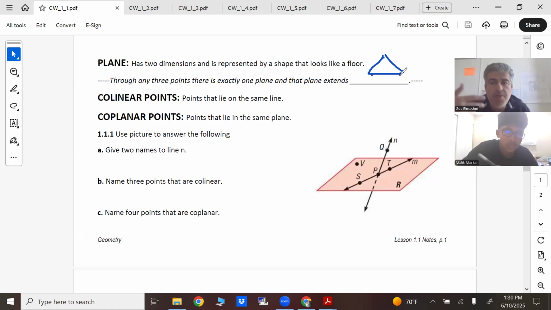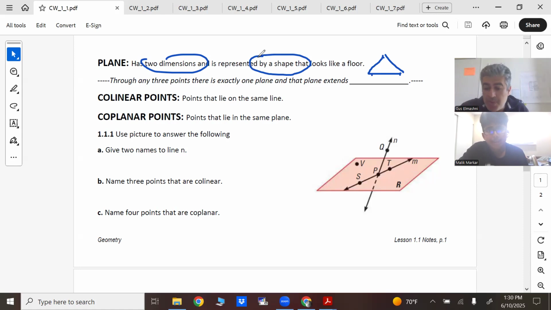Anything with three or more sides is a plane. So a plane is just a shape? It's anything that has two dimensions and has some sort of shape to it. It could be a triangle or anything with more than three sides. Okay.